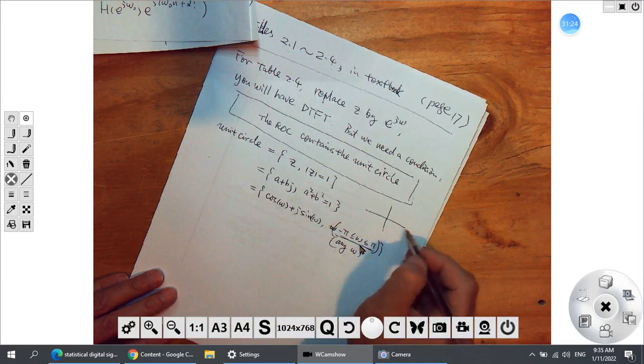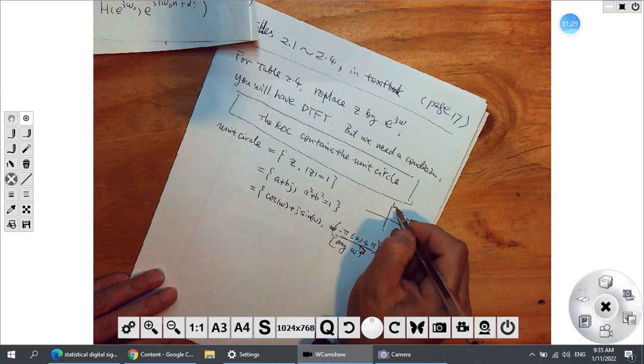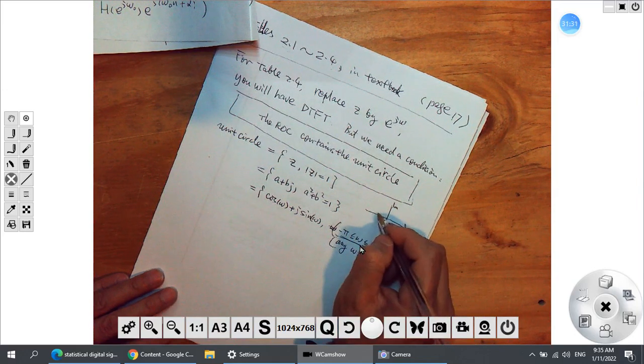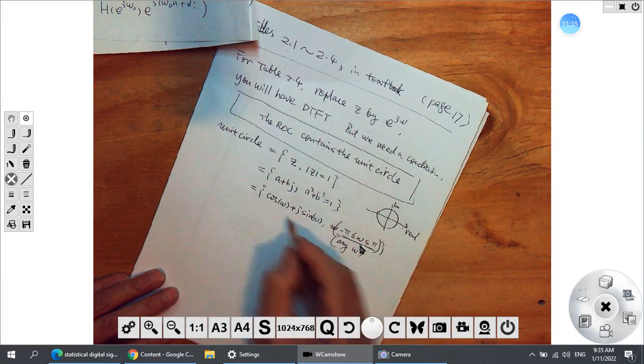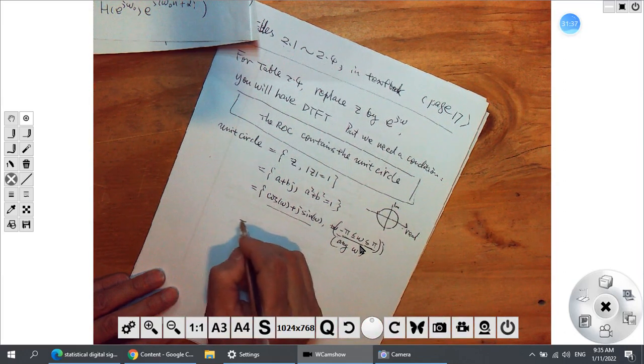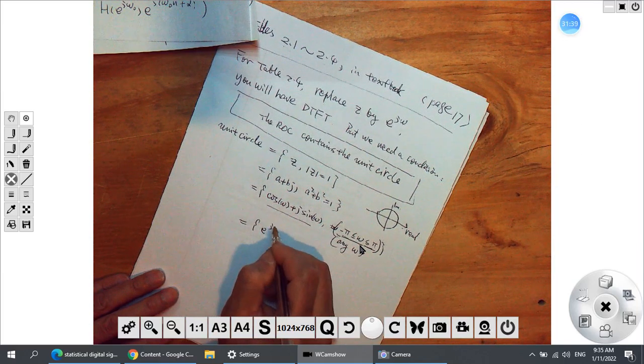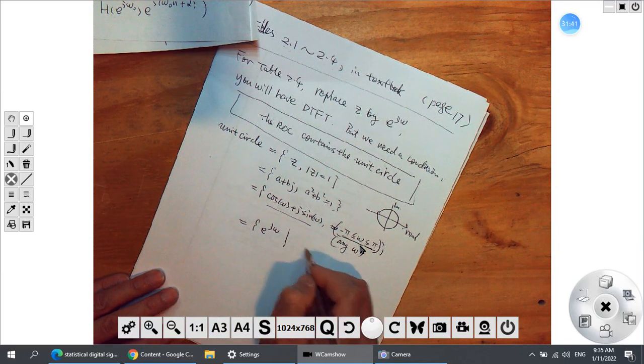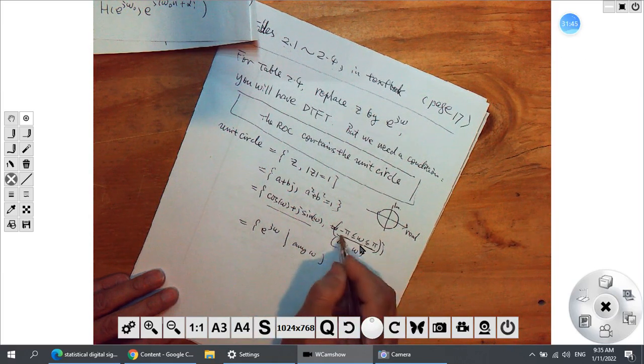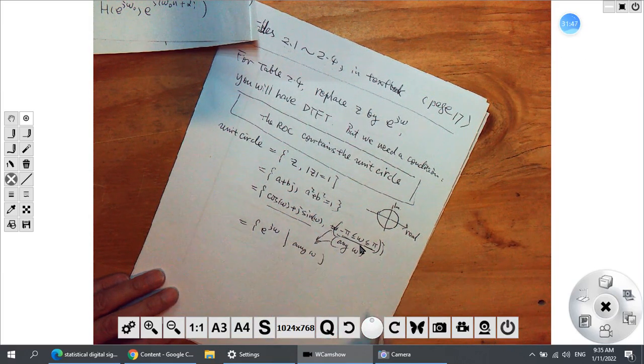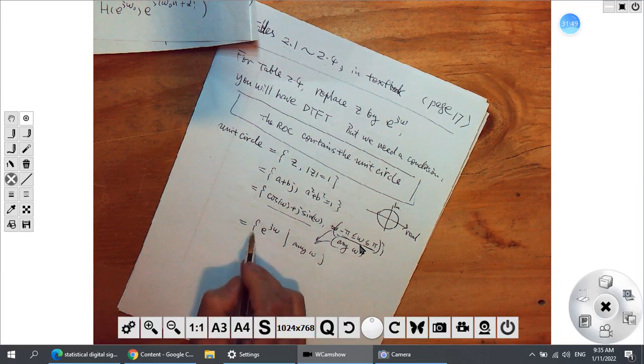This is the real part. This is the imaginary part for complex numbers, and it is this part. Okay, then what is this? This is just e to the j omega, any omega, or this one, and both work. So this is e to the j omega.